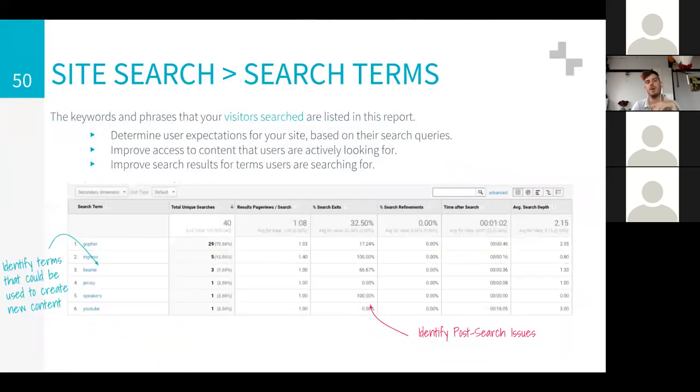Then you have site search. This is such an easy feature to implement, and it's often not used. If you have a site search on your website, you need a minute to implement that. But it will provide you with every search that people are doing on your website.